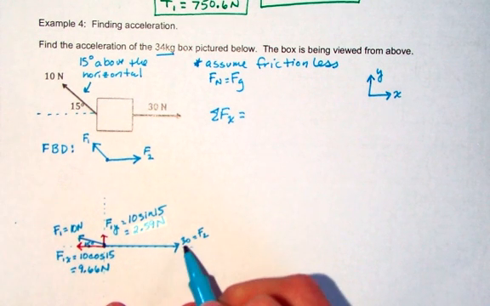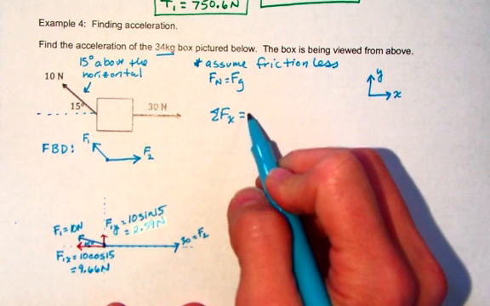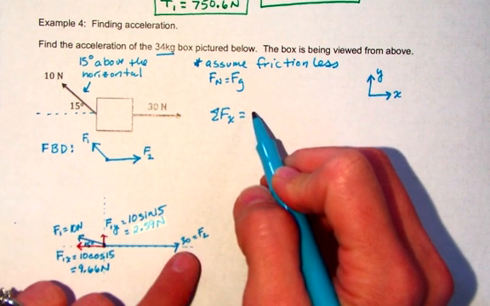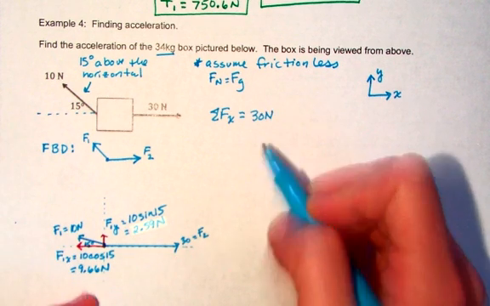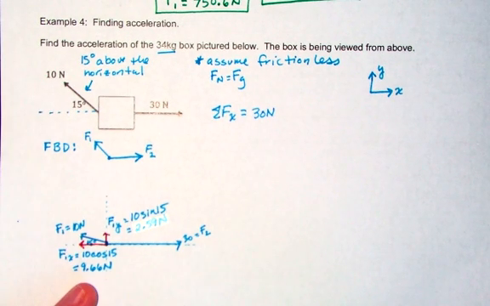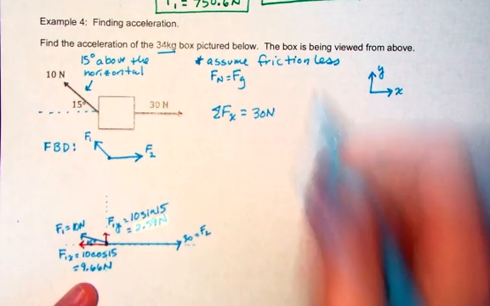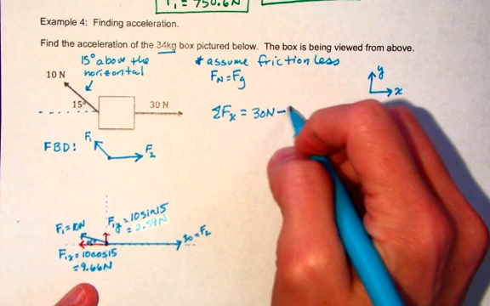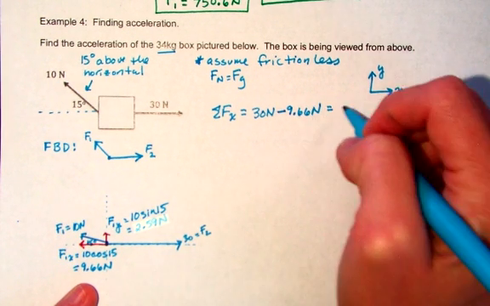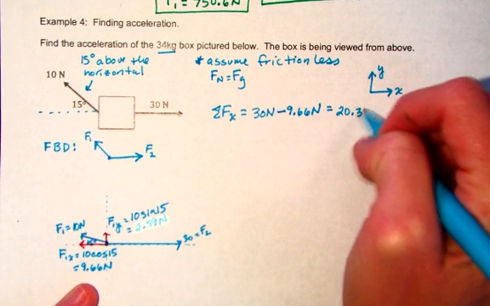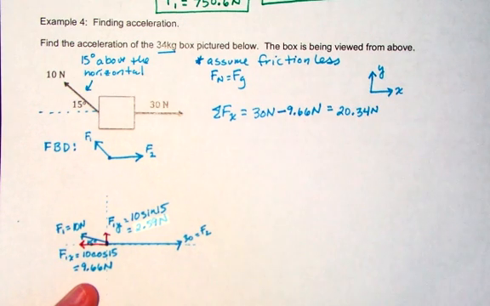Okay, so this 30 newtons for F2, is that positive or negative? This is going to be positive. And then the 9.66 for the x component is negative. So I'm going to go minus 9.66 newtons, and that equals 20.34 newtons.